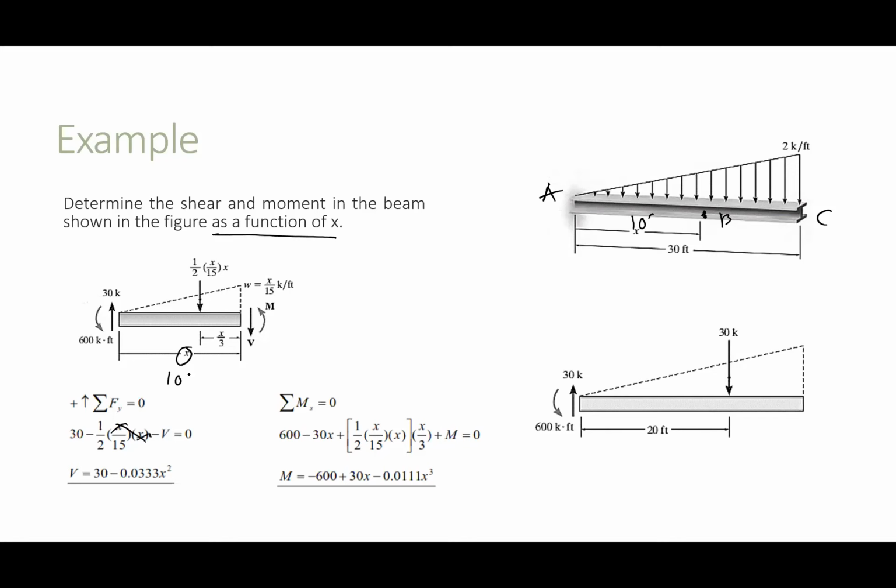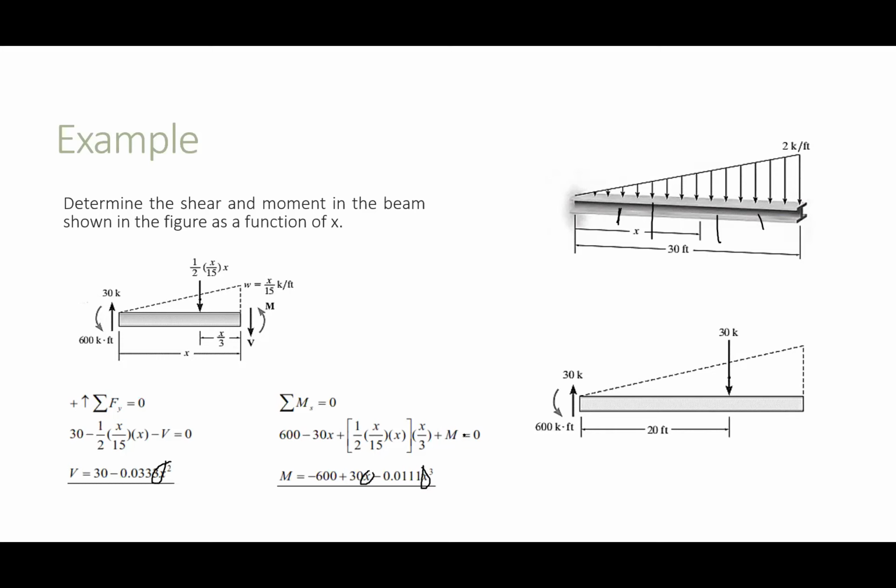So, masasolve natin siya. Now, yung kagandahan nung ganitong equation, na yung in terms of x, pag kunyari ang dami nung tanong, what is the shear and moment at this point, at 0.5, at 5 meters from the left end, at 10 meters, at 25, at 15, etc. So, if napakarami ng value, all you need to do is substitute those values of x dito to get the value of your shear and moment.